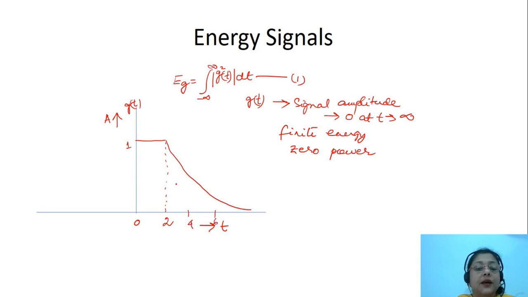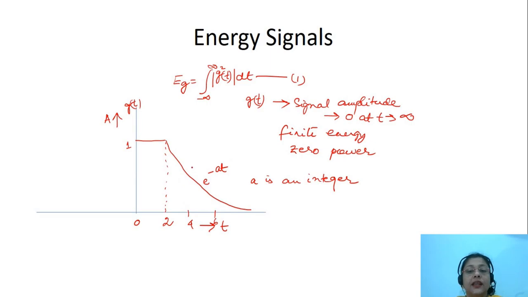So this is an example of an energy signal. Let's say this is e to the power minus at, where a is an integer. Now, how to check that this is an energy signal and not a power signal?